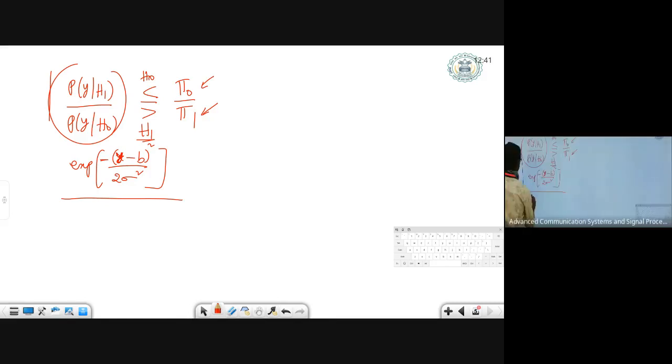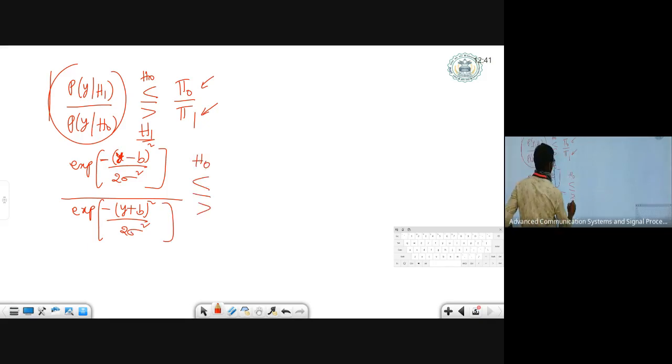Exponential of minus (y plus b) whole square by 2 sigma square. I hope you people are following. Less than, greater than, h0, h1, pi naught by pi 1.